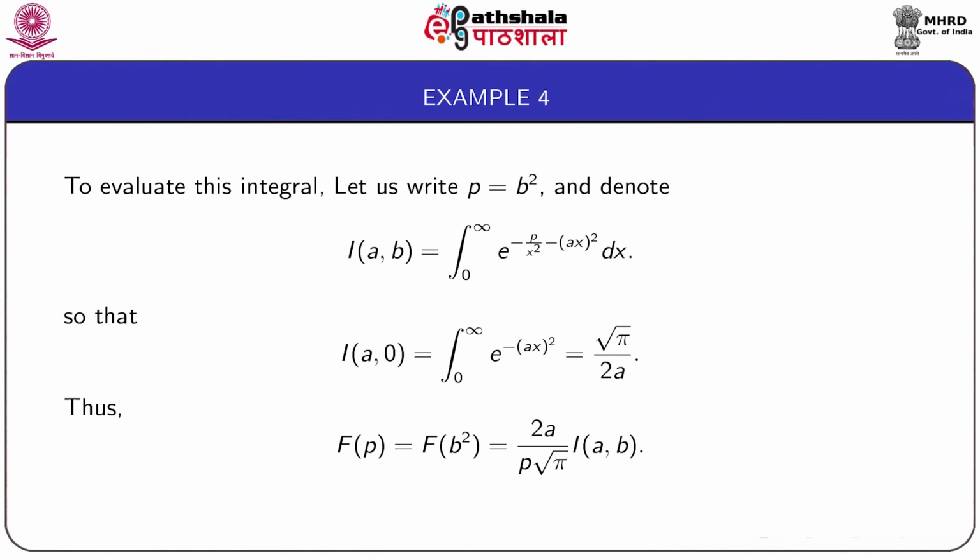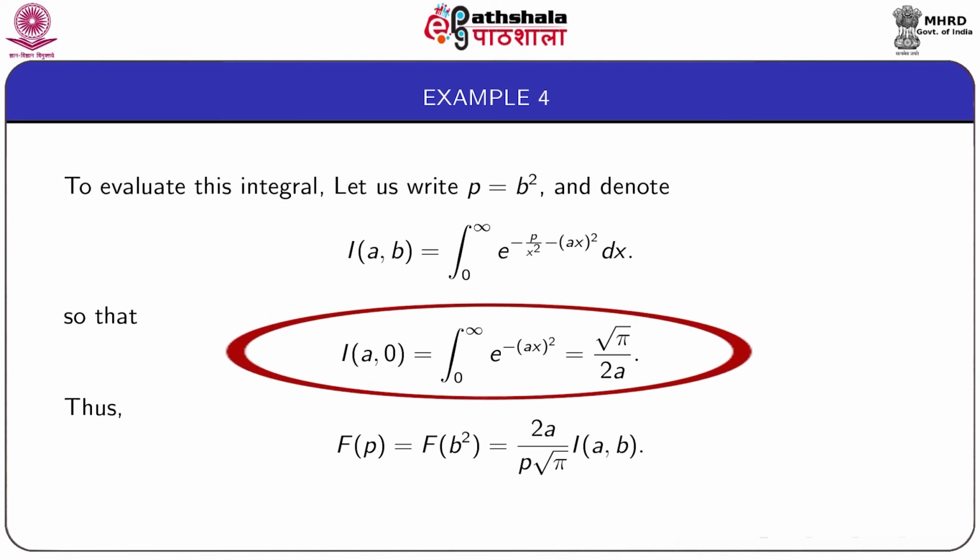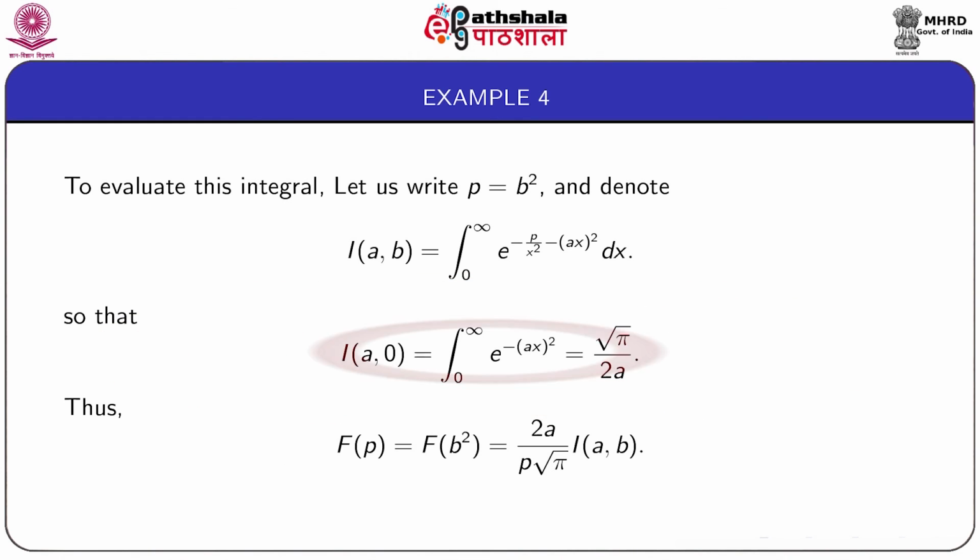So if we put p equal to b², that is equal to 0, then we get I(a,0) equal to the integral from 0 to infinity of e^(−a²x²) dx, which can be evaluated in terms of the gamma function and is equal to √π/(2a).